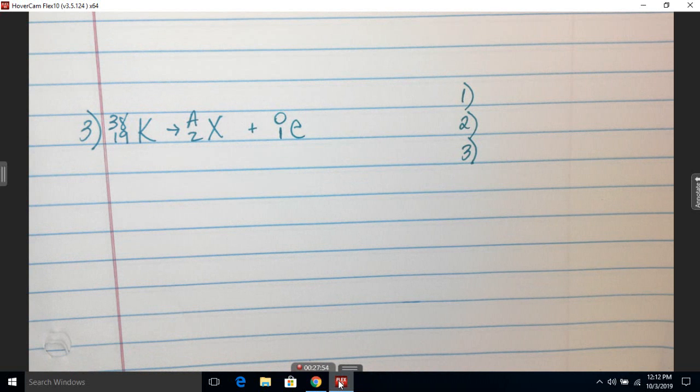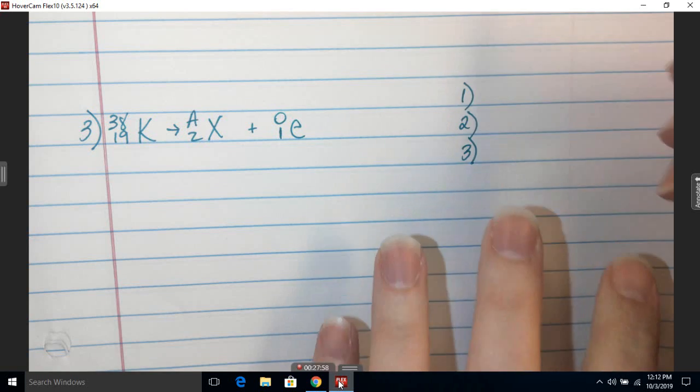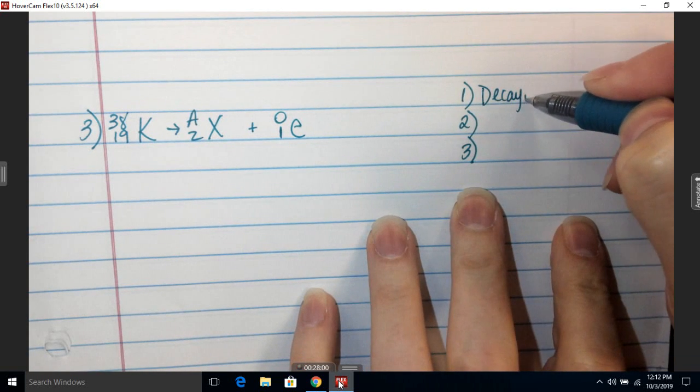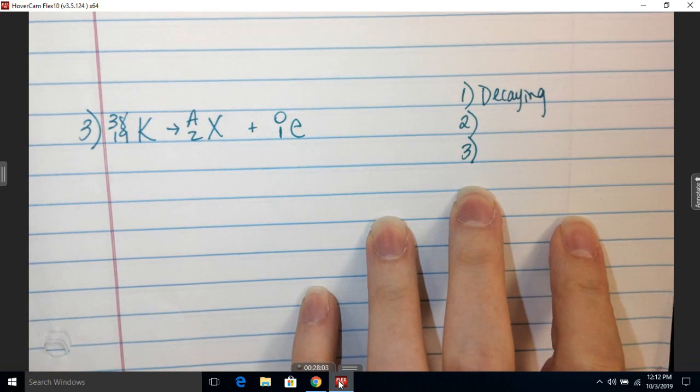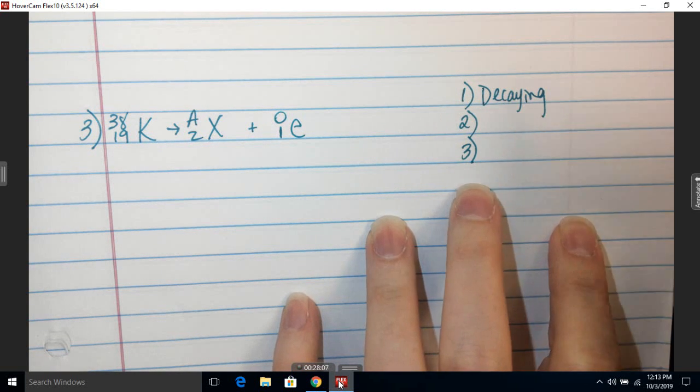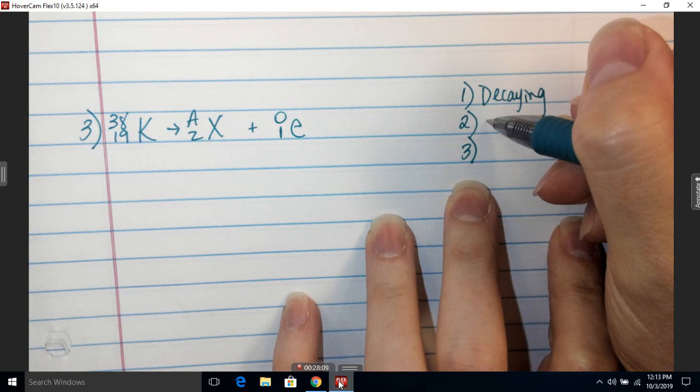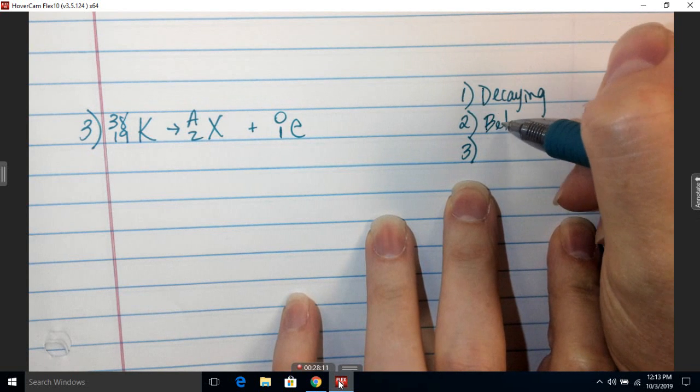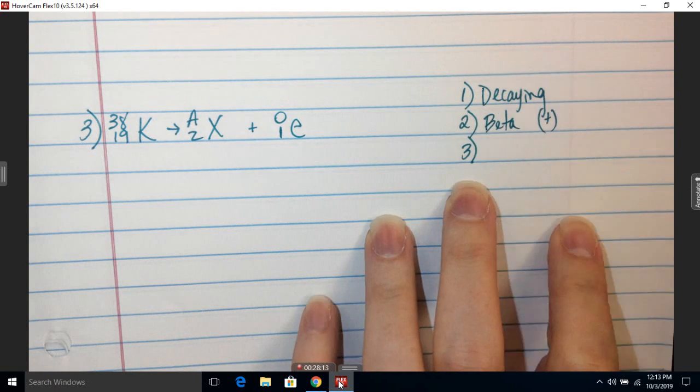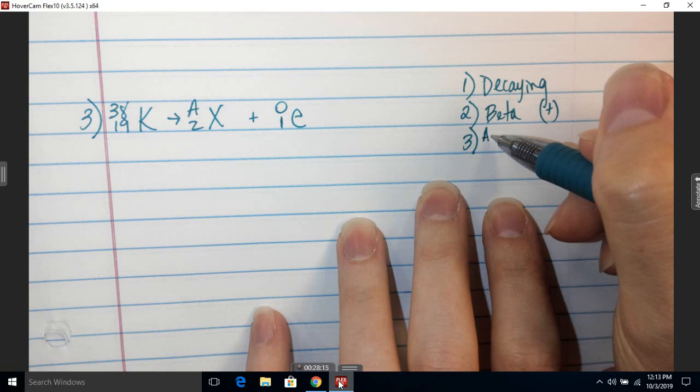Okay, so what reaction do we have here? We're still decaying. They can look a different way, but all of the ones we're going to do are decaying, okay? What are we at, Malachi? Beta positive. And we have to figure out AZX.